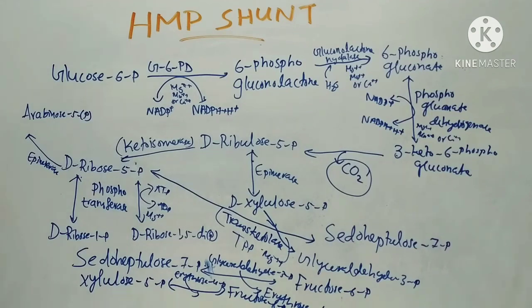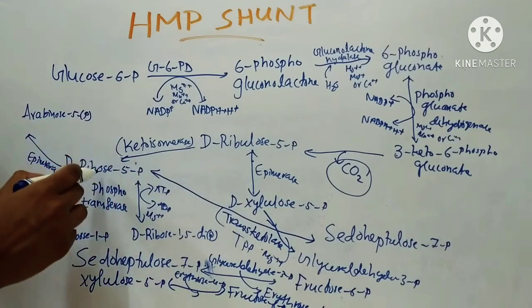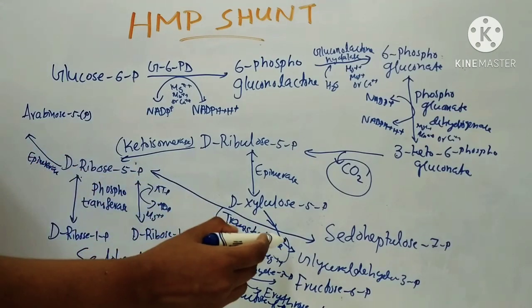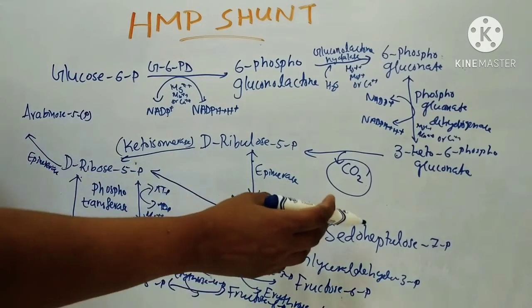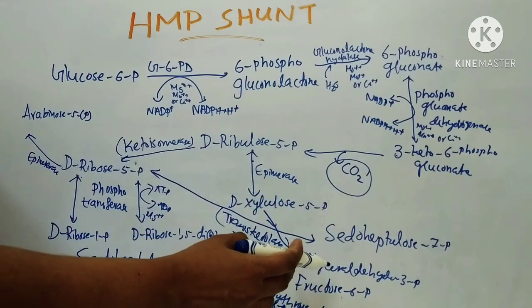Here are the transketolase and transaldolase reactions, transketolation and transaldolation. Transketolase requires thiamine pyrophosphate as the coenzyme. It transfers a two-carbon unit from a keto sugar to an aldose sugar. In the reaction, D-ribose 5-phosphate is converted to sedoheptulose 7-phosphate and glyceraldehyde 3-phosphate.